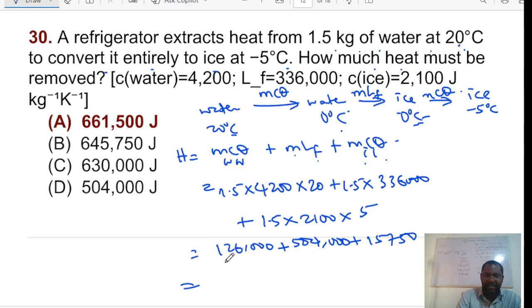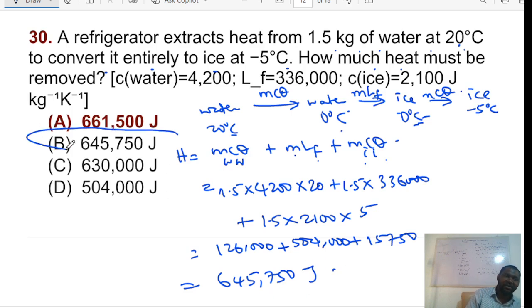So if we add that up, 126,000 plus 504,000, then plus 15,750, that is giving us 645,750 joules. That is the answer, 645,750 joules. So the answer to this question is B and not A.